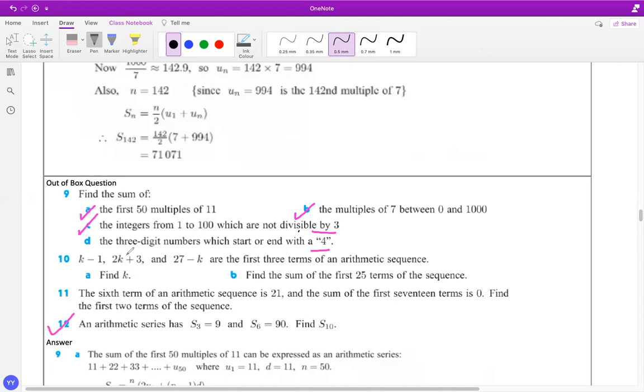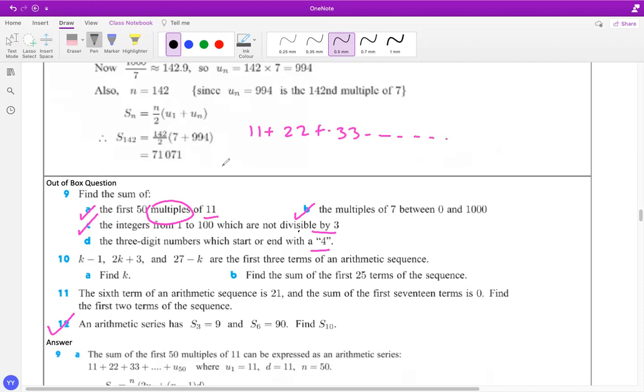So these 4 questions are of medium difficulty level. The question is to find the sum of the first 50 multiples of 11. Lots of times when these keywords, multiples or factors, come up, you lose it. So please make sure you understand how to create the series based on these key terms. 11 plus 22 plus 33, these are the multiples of 11.